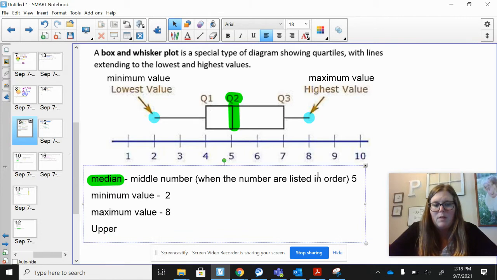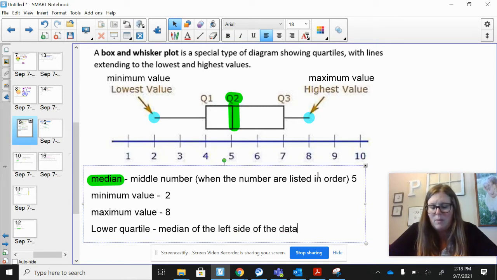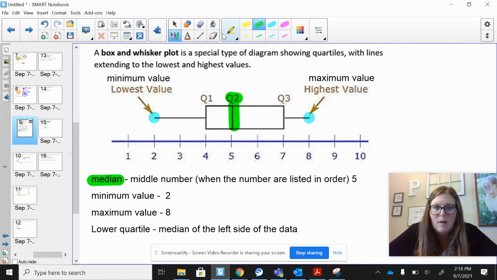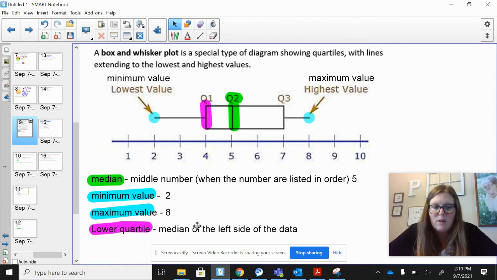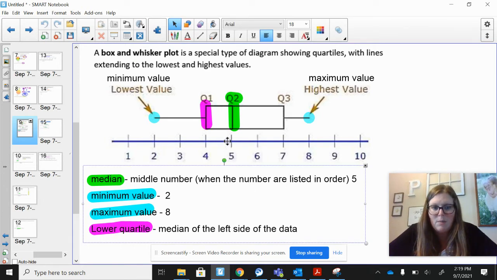And then we have something called the lower quartile. The lower quartile is the median of the left side of the data. I'll share more in detail what that is. Here I'll match some colors. So we have the minimum value and the maximum value highlighted in blue here. The lower quartile is the first line to make this box, or Q1, quartile 1. So here we can see that the lower quartile as a number is 4.